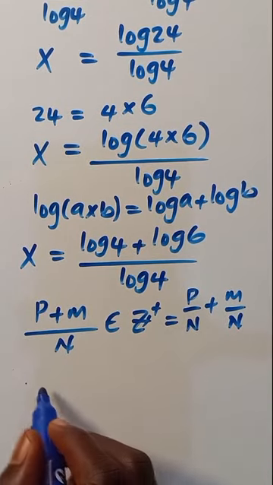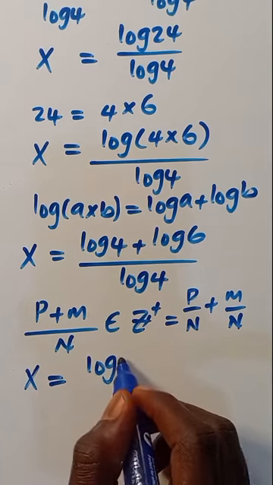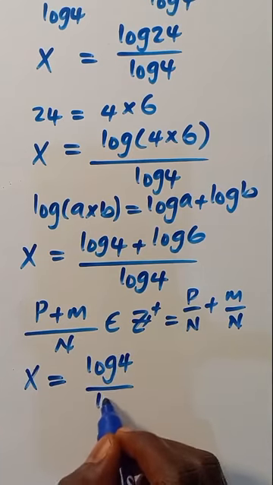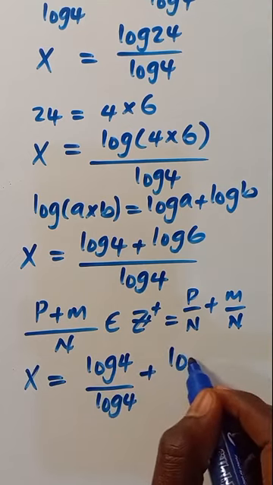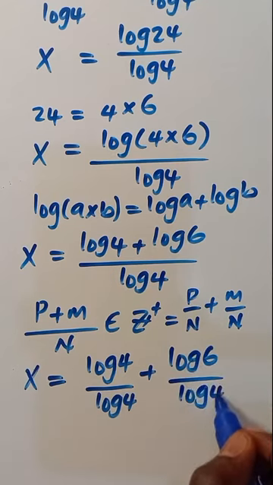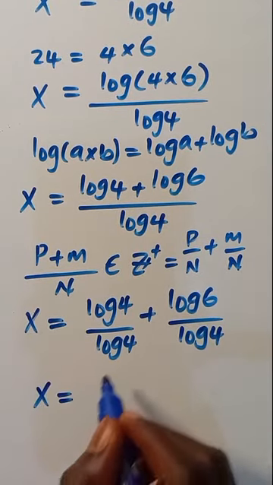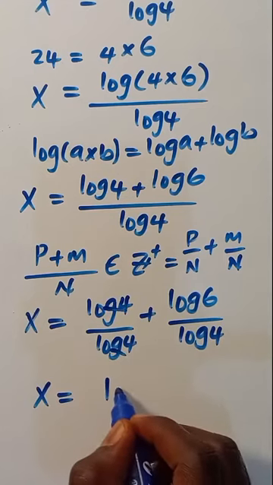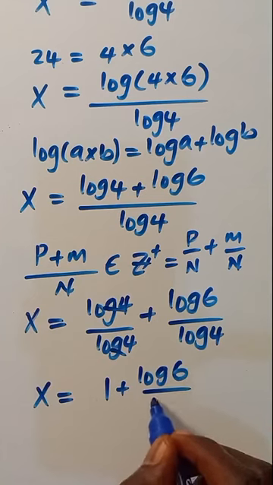So applying it here, we have x equals log 4 over log 4 plus log 6 over log 4. Log 4 over log 4 cancels to be 1, so x is 1 plus log 6 over log 4.